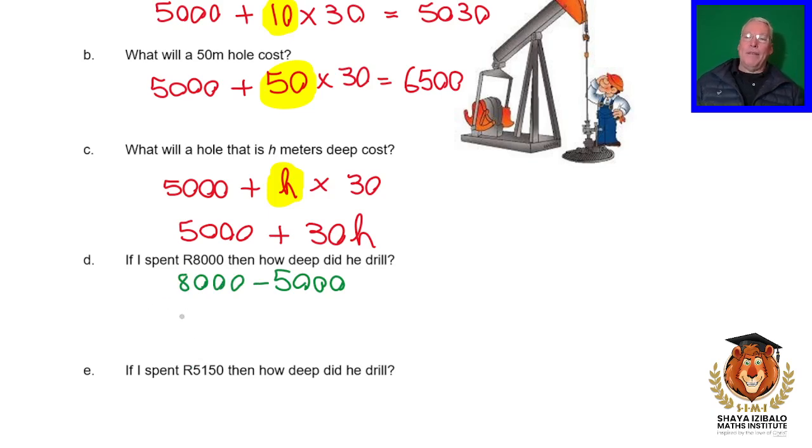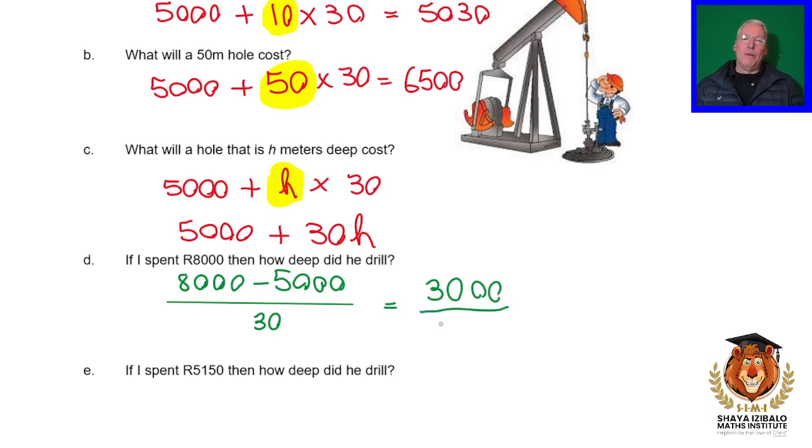All right, now that is how much I spent drilling. And then I must divide that by 30, because 30 is the rands per meter. So 3,000 divided by 30. We can do that in our head, surely. We can divide a 10 off both, and we can divide both by 3. So in fact, the answer is 100 meters.